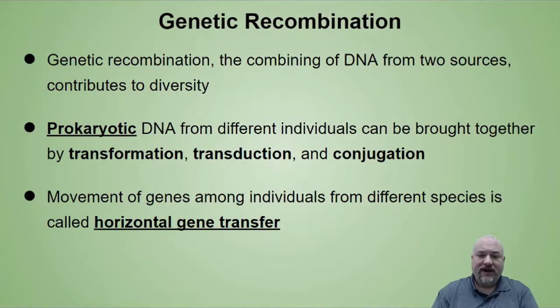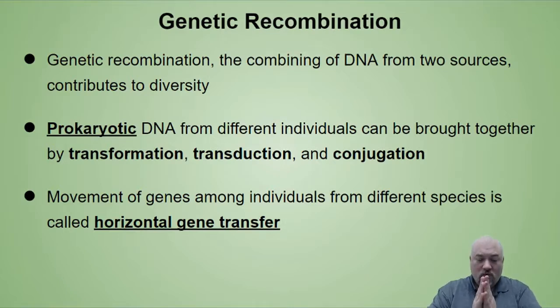Genetic recombination is the combining of DNA from two sources, and that can happen naturally in certain organisms, particularly prokaryotes, and it contributes to diversity because normally prokaryotes are just clones, but they do have the ability to move DNA from different individuals from one to the other through processes of transformation, transduction, and conjugation. We call this horizontal gene transfer. It's not something we see in eukaryotes that reproduce sexually, because there's no real need for it, and there's no good mechanism for it.